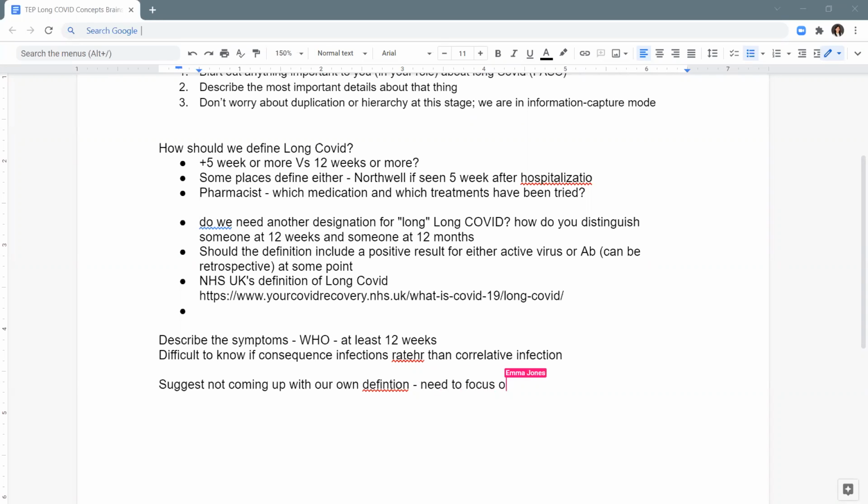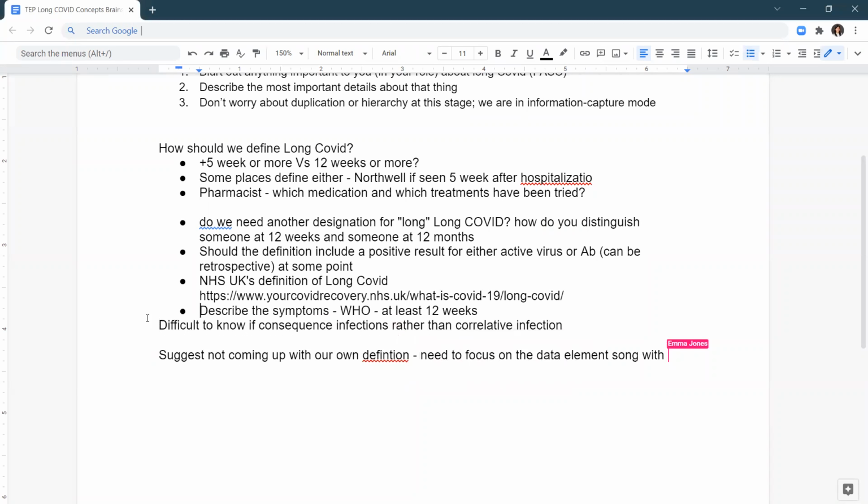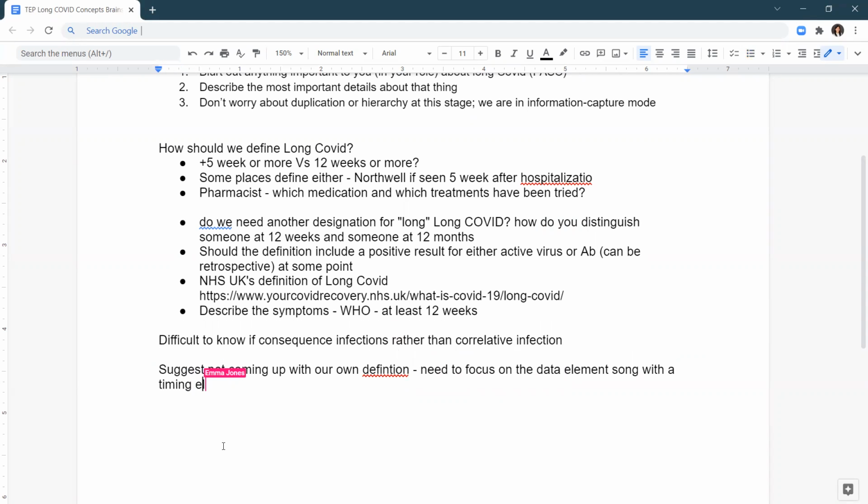And then as our understanding of long COVID evolves, we would be able to use the data there, the amount of time the symptoms have lasted and what those symptoms are, to shift the definition according to what the science tells us as we learn more about what exactly long COVID is.